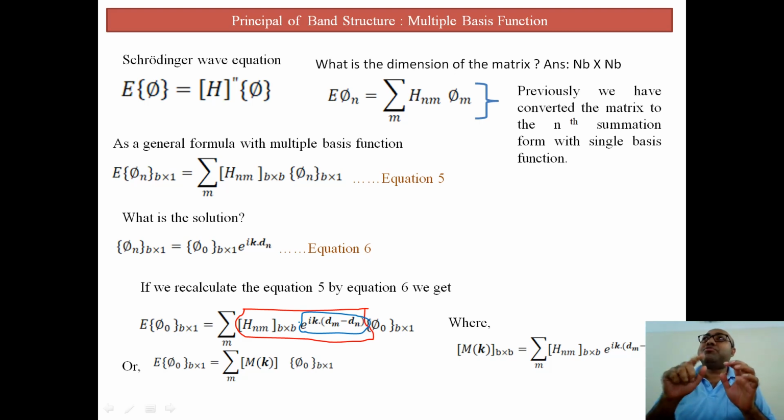So 4 into 10 to the power 22 by 4 into 10 to the power 22. That means 16 into 10 to the power 22 matrix components we have to solve. It is practically impossible, and that is also for one dimension.